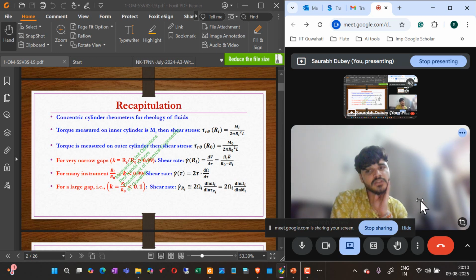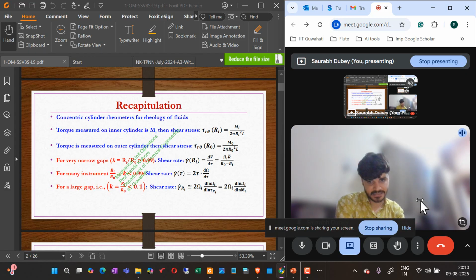So for concentric cylinder rheometer for rheology measurement, you got to know about the inner cylinder torque, outer cylinder torque, and then there were cases when the gap is very narrow, when Ri by R0 is greater than 0.99, and then less than 0.1, which is the larger end of that.